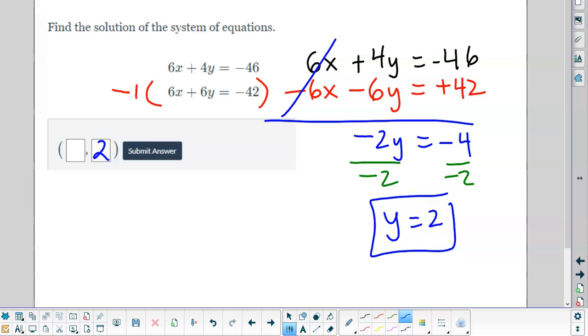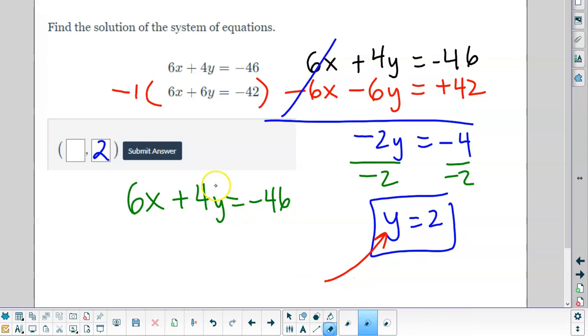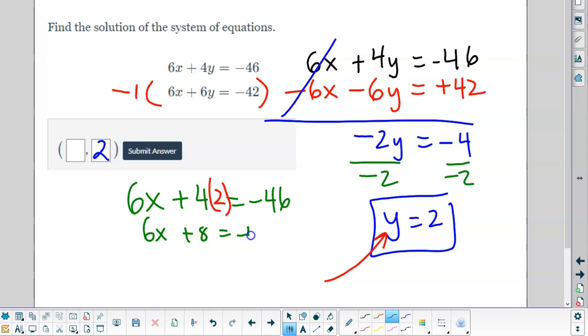Now I need to find my x value, so I'm going to use the erase and replace substitution method. I'm going to use my first sentence, but it doesn't matter which one you use. I'm going to erase the letter that I know, which is y, and replace it with the value I discovered, which is a 2. So that means my new sentence is 6x plus 8 equals negative 46.